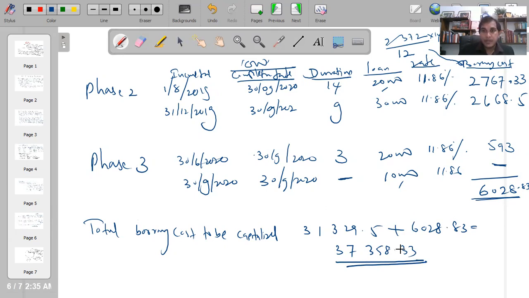Okay, so with that assumption, this is the total borrowing cost to be capitalized. Even though there were 2 months suspended, we judge that the total project duration would not be affected, right? So this has been considered as a normal thing, and we continue capitalization of borrowing cost.